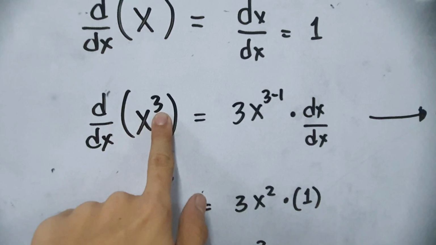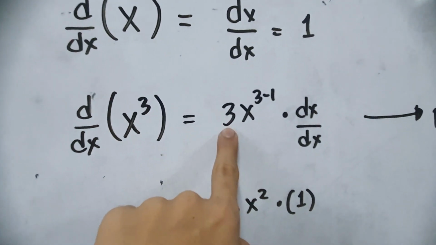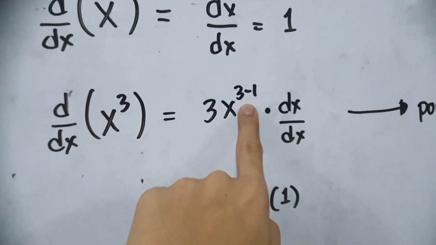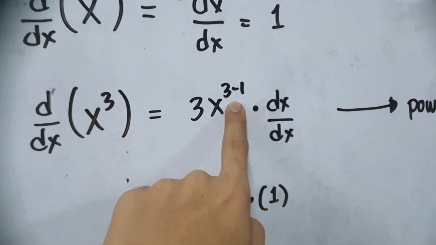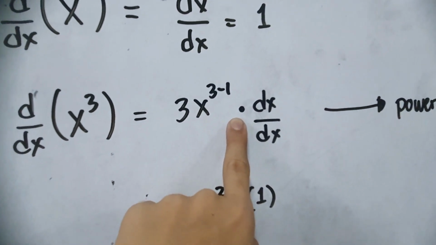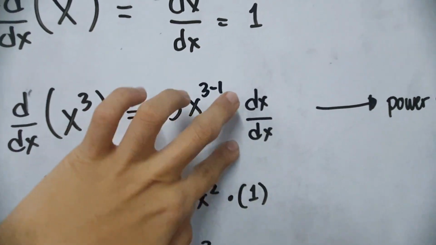We write the constant in front of our variable or our function, 3x raised to the power of 3 minus 1. And then afterwards, since this is x, we write the derivative of x with respect to x.